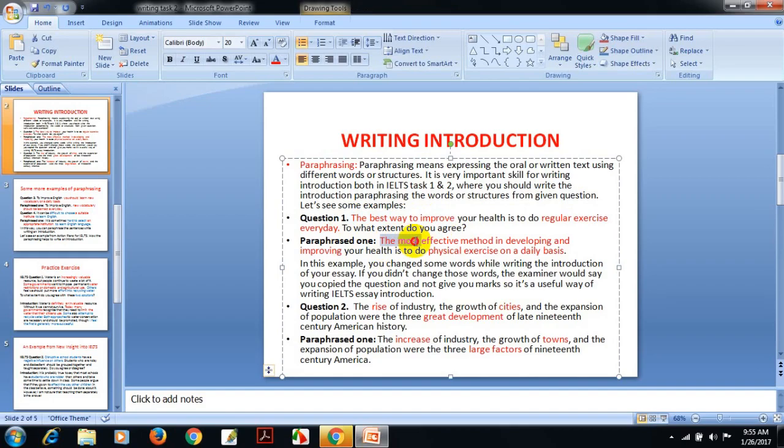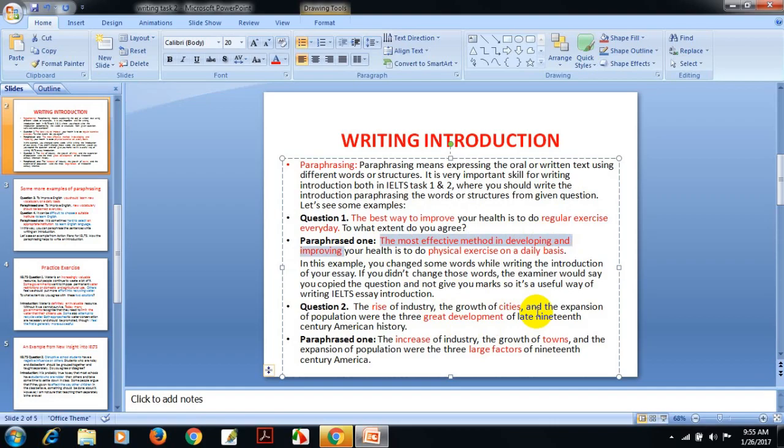The most effective method in developing and improving. Look: the best way to improve your health, the most effective method in developing and improving.